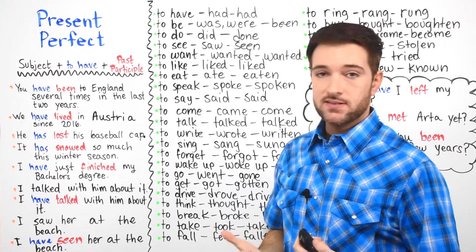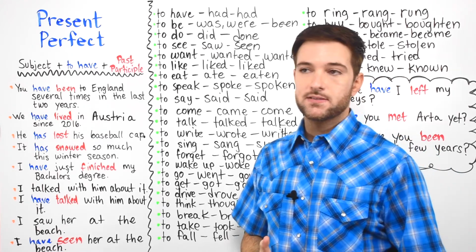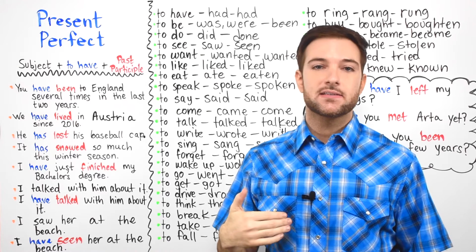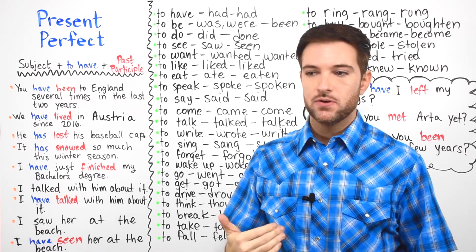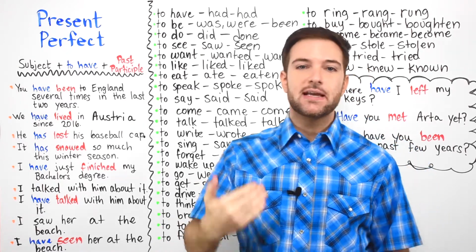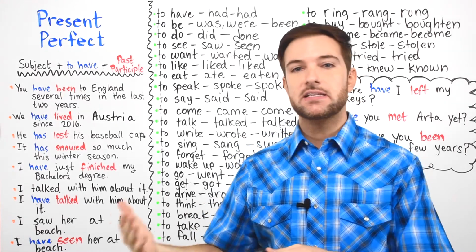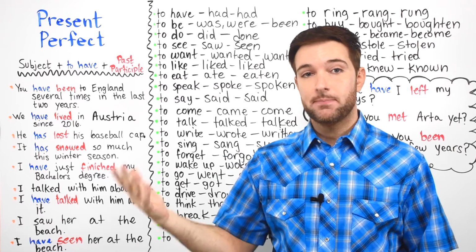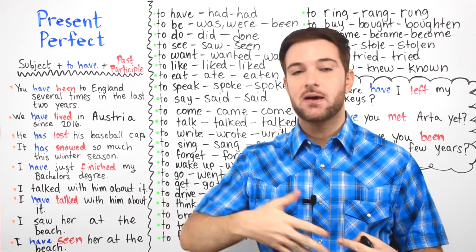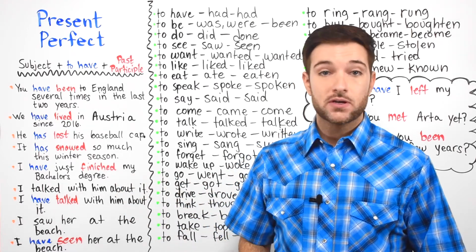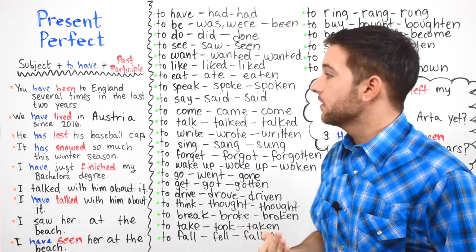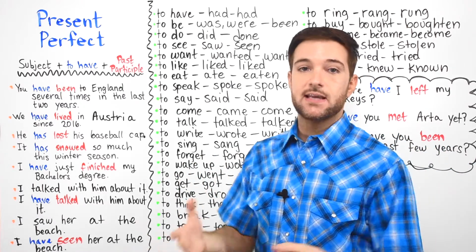Now, we use the present perfect tense to basically express an event that happened in the past, but still has current consequences. So the things from the past are still occurring today. They still go on, okay? People use it to show a connection between the past and the present in a number of situations. For example, when an action is repeated over and over again between the past and the present.